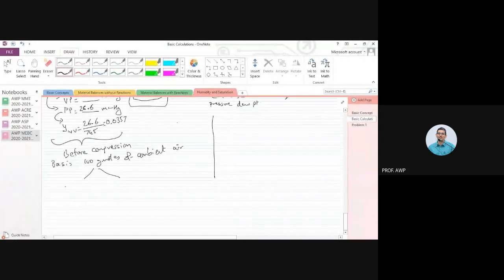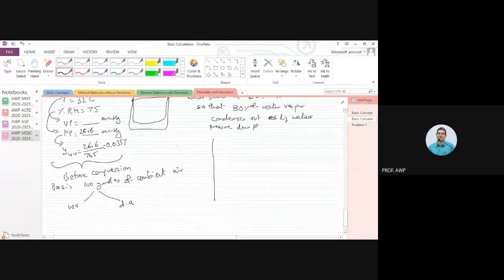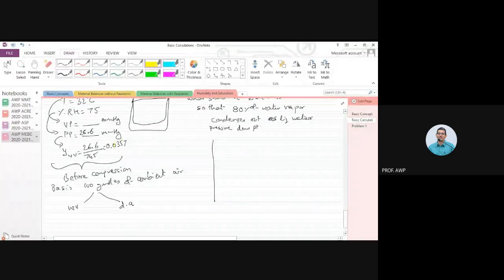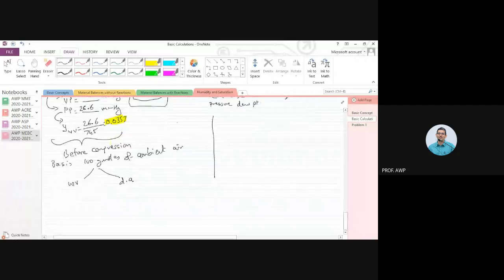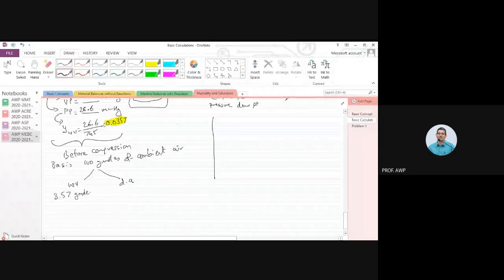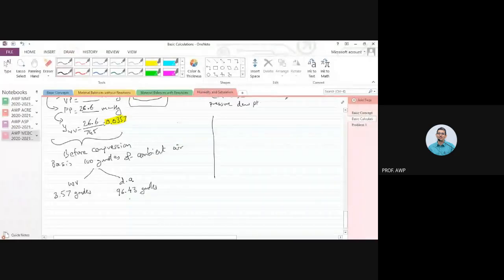This consists of two parts, water vapor and dry air. Based on the mole fraction 0.0357, it would be 3.57 gram moles of water vapor and 96.43 gram moles of dry air, correct?